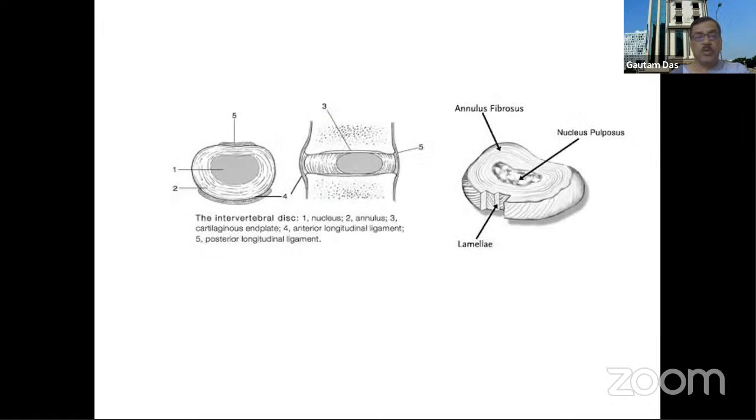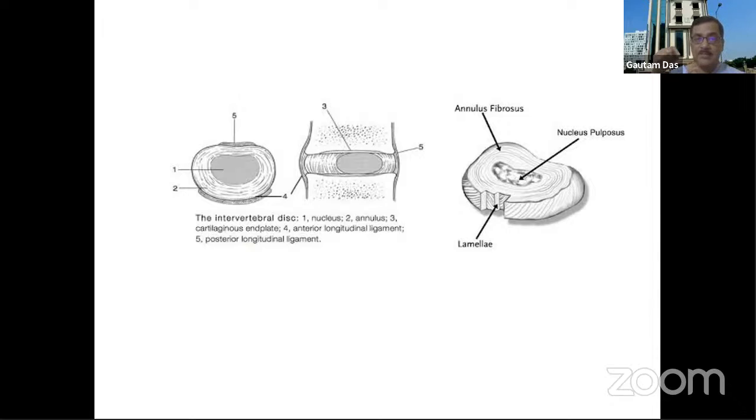So now, let us quickly go into the structures. We know that the disc has three important components. One, the most important component, is your annulus. The annulus is a very tough fibrocartilaginous structure. It is like a boundary wall, and not a single boundary wall.